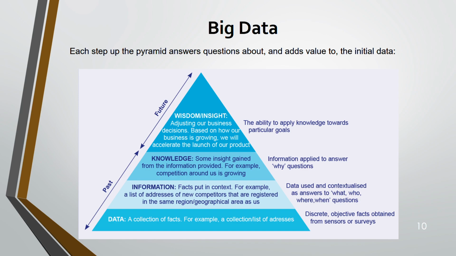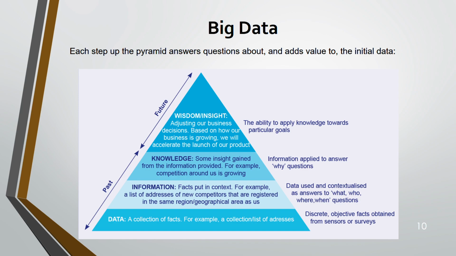Whatever data you have collected, whatever information you have got, and knowledge that you have gained is past information. Wisdom is for the future. Through this, you're going to apply it in the future. That's why we do big data analysis. Otherwise, what's the use of hiring someone to analyze a big set of data and paying them? Because it helps us in the future.